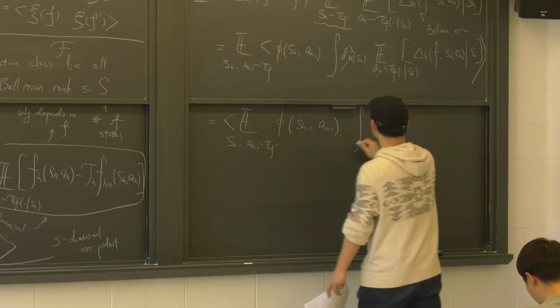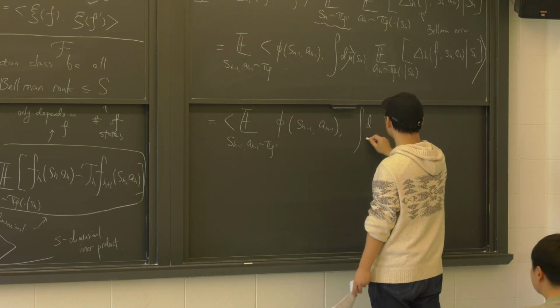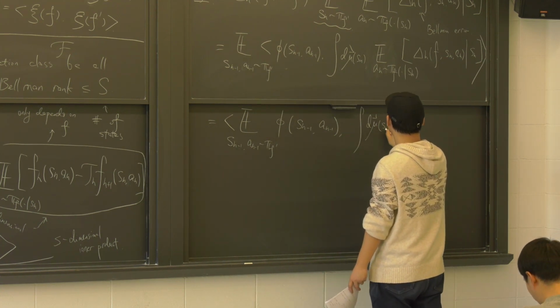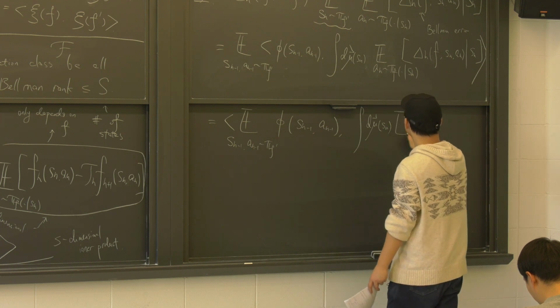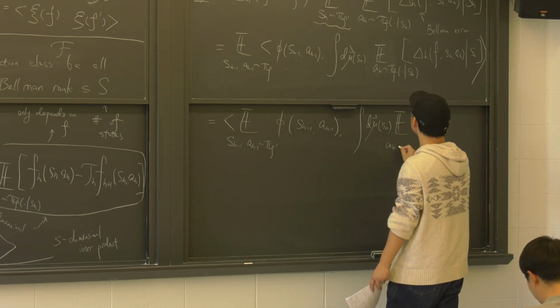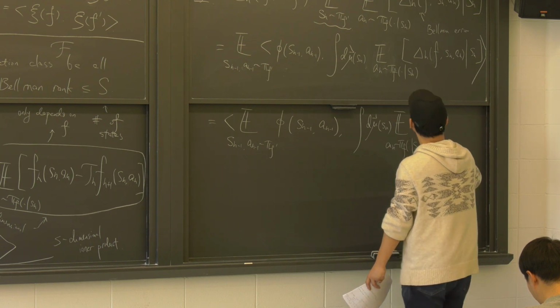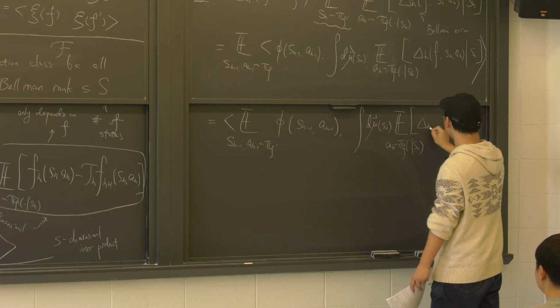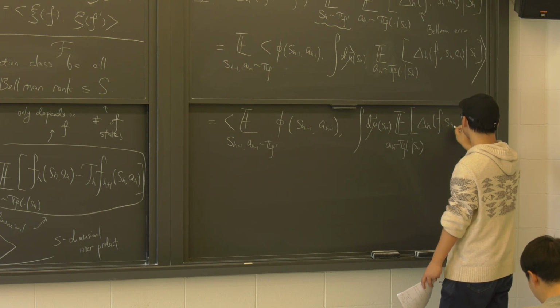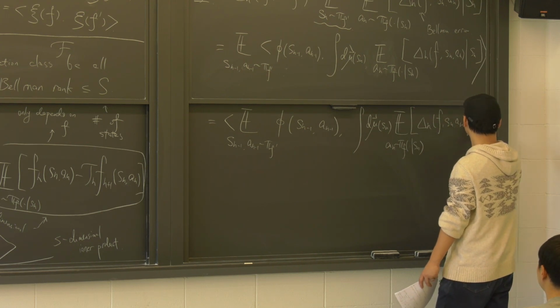On the right-hand side, we just copy everything: delta h f sh ah given sh.